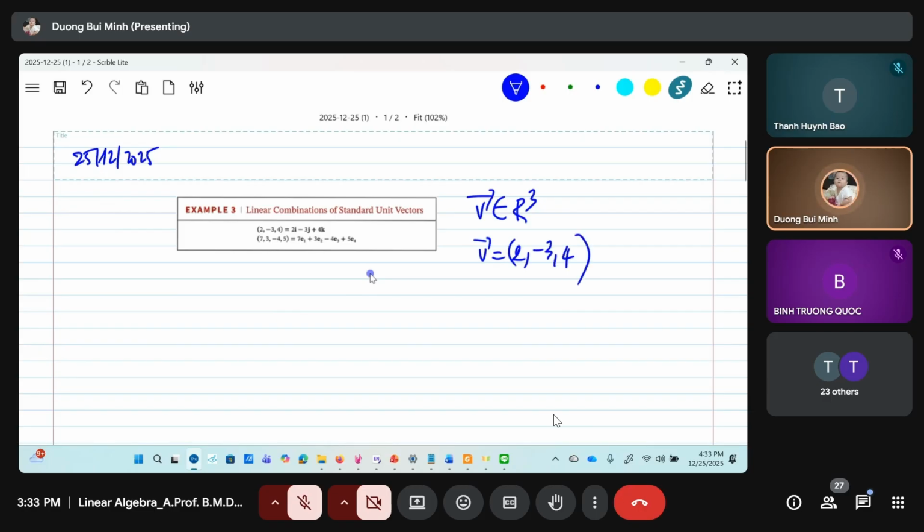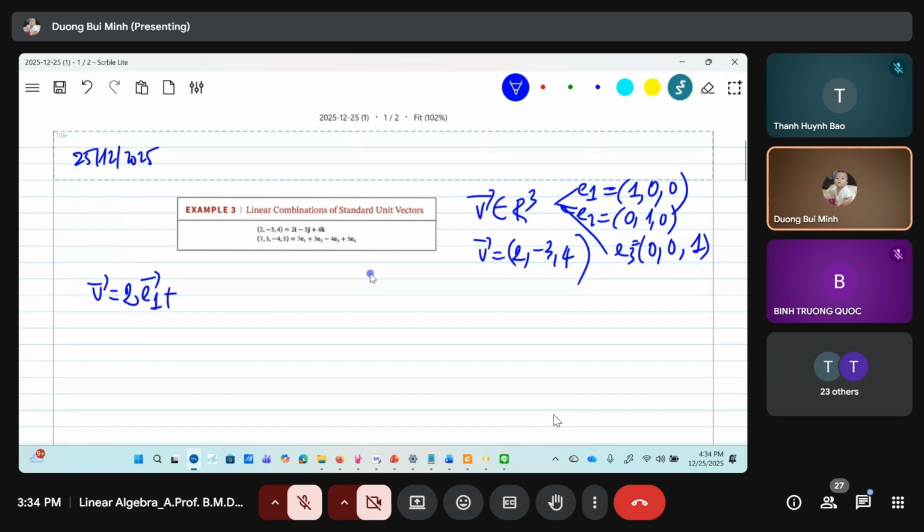Because it is R3, we have e1 is 1, 0, 0, e2 is 0, 1, 0, and e3 is 0, 0, 1. So vector v becomes 2 times vector e1, minus 3 times vector e2, plus 4 times vector e3.